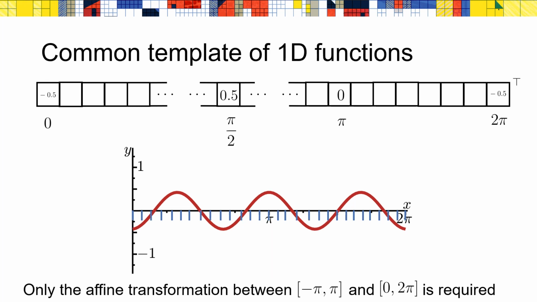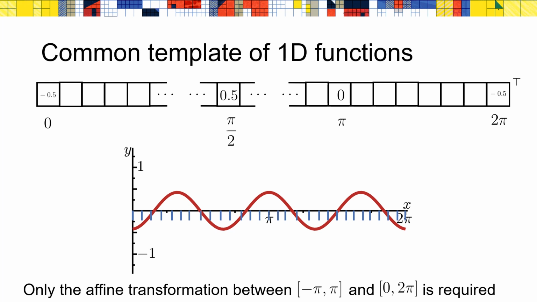If we change the domain, in this case, if we consider the interval from 0 to 2 pi, we can sample the same number of points on this interval and represent the signal again as a vector of dimension n.